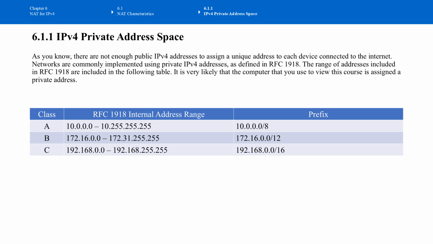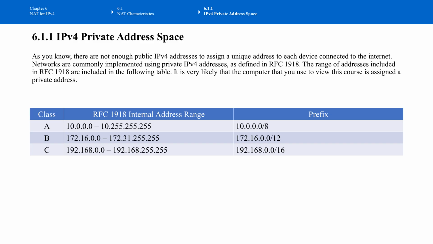Notice that only addresses from 172.16 through 172.31 are private. Addresses such as 172.15.x.x or 172.32.x.x are not private. This range is commonly used by medium-sized organizations.